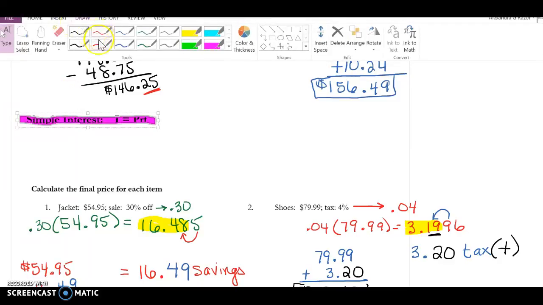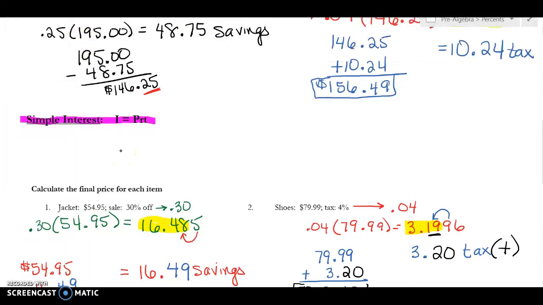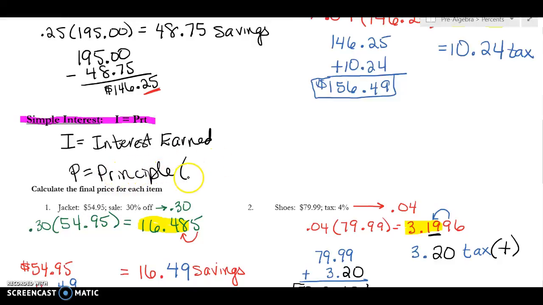Okay, so now for simple interest, what I need to know is what these things are. I represents interest earned. P represents principal. This is how much you start with.